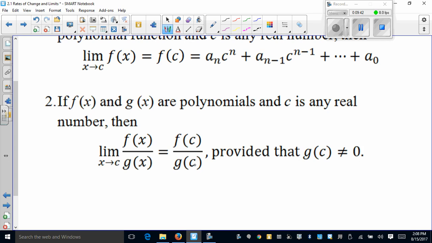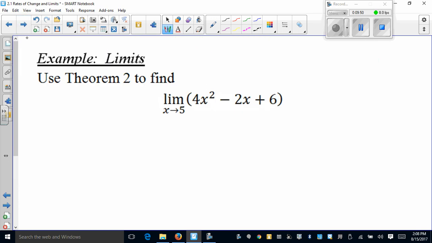So they want us to use limit theorem 2, which is the one that states that you can just do a plug and chug for polynomials. So the limit as x approaches 5 of this guy is going to be 4 times 5 squared minus 2 times 5 plus 6. 5 squared is 25, and 25 times 4 is 100, minus 10 plus 6.